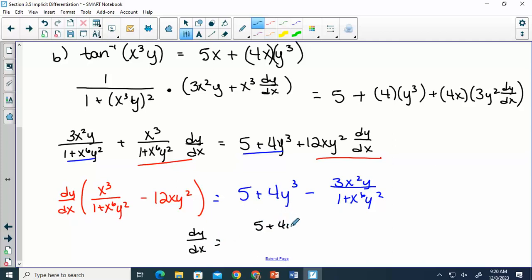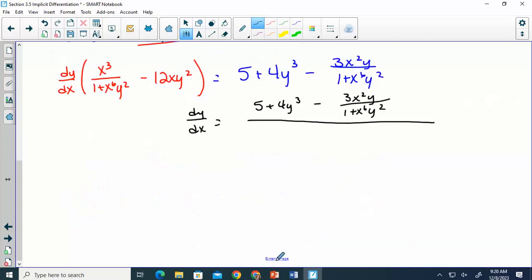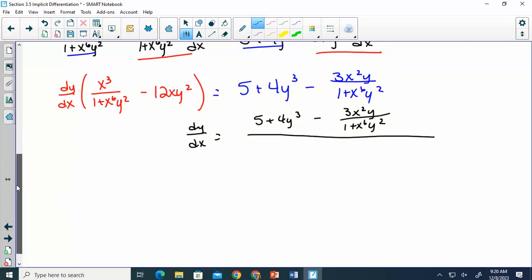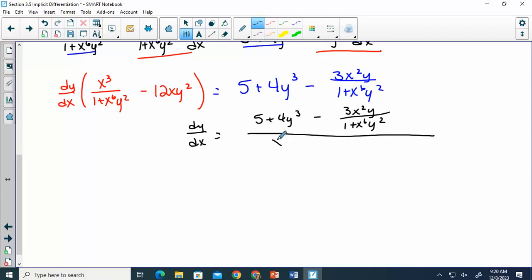Technically, this is bad notation for our answer because we have a fraction and a fraction. And we could get rid of it, we know, by multiplying by the denominator. We've done that before. But I am not going to make you go that far.